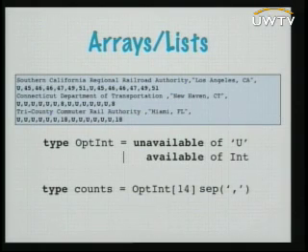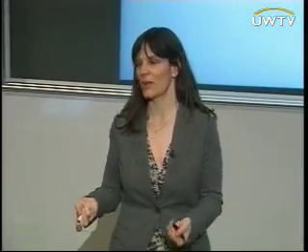It's not just a list of optional integers, right? There are these comma characters. So in the array, we have to also add this piece separator that specifies what kind of thing is between all of the elements of the array. So here, this is a modifier to the array that takes as an argument a type that specifies what kind of thing appears between all of the elements. And then, as I said, it's kind of brittle to say 14, so we have an option of a form of the array that allows us to specify a different kind of termination condition.